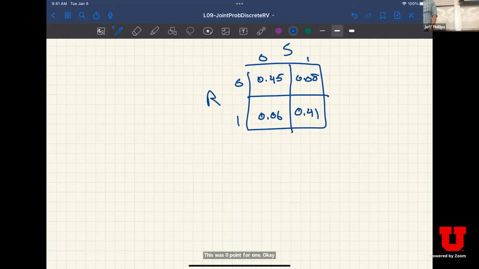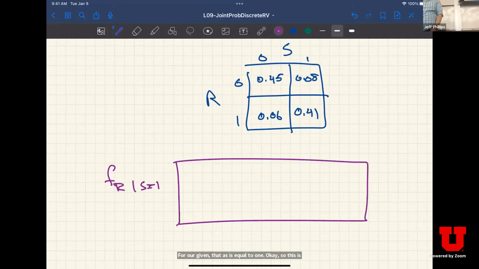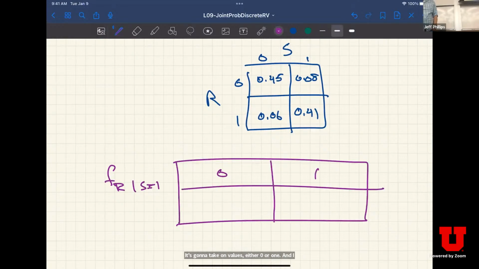Okay, I want to compute now the PDF for R, given that S is equal to 1. So this is going to be a table. It's going to take on values either 0 or 1, and I want the conditional probabilities.